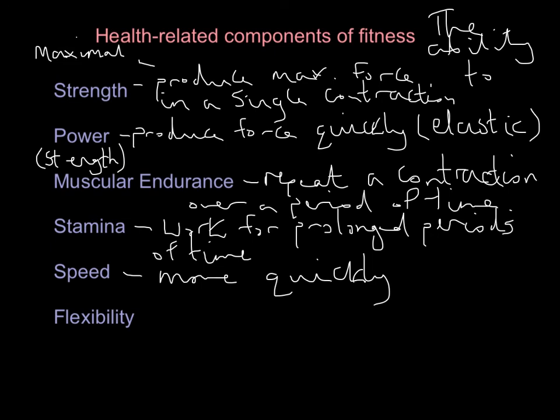But then we have limb speed. For example, your cricketers, your fast bowlers, they don't necessarily run in that quick. Stuart Broad won't run in at massive speeds to bowl a delivery in cricket, but that delivery arm will come over very, very quickly, and that arm has got to produce a very, very quick movement so you can get maximum speed on that ball. So speed, the ability to move quickly.